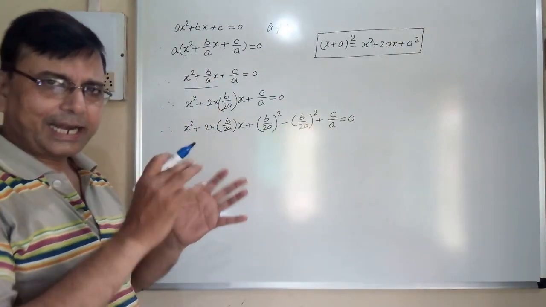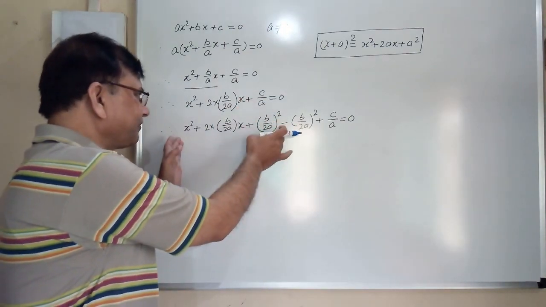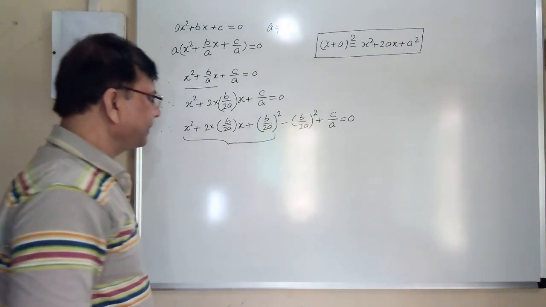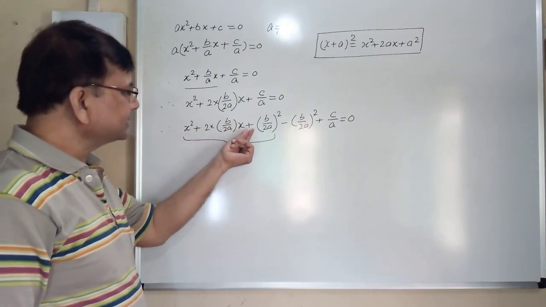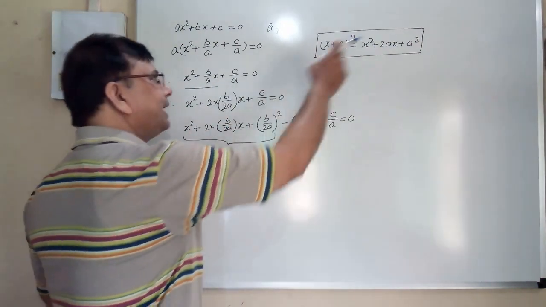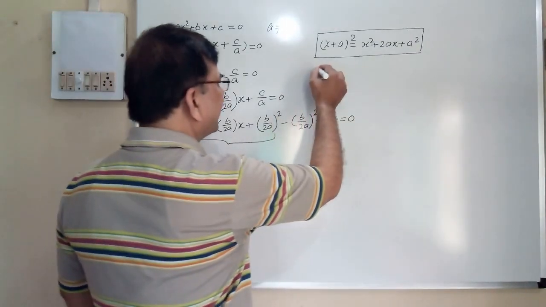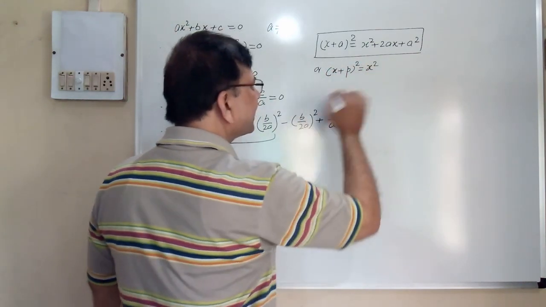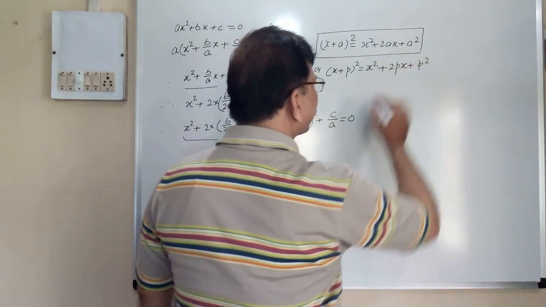All this addition, subtraction, etc. we are doing to make these two quantities a perfect square. Now you see, this quantity is x square plus 2ax plus a square. Since a is here and a is there also, this may create some confusion, so we will write another term: x plus p whole square is equal to x square plus 2px plus p square.